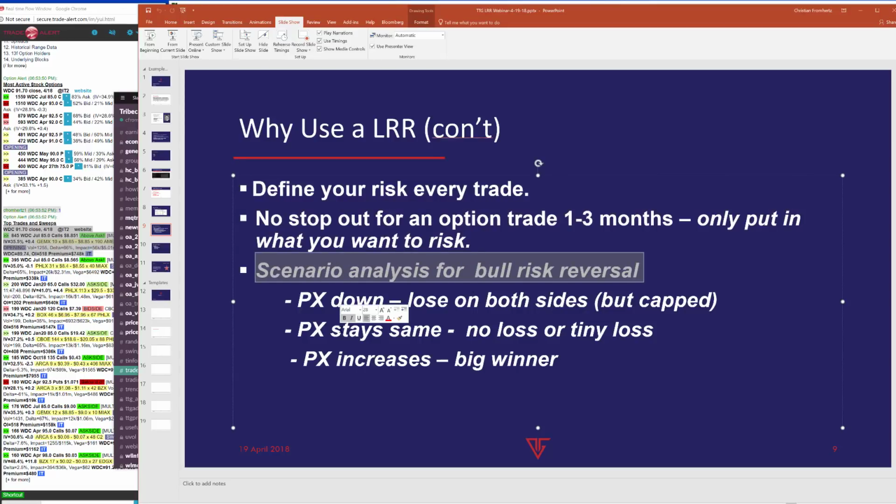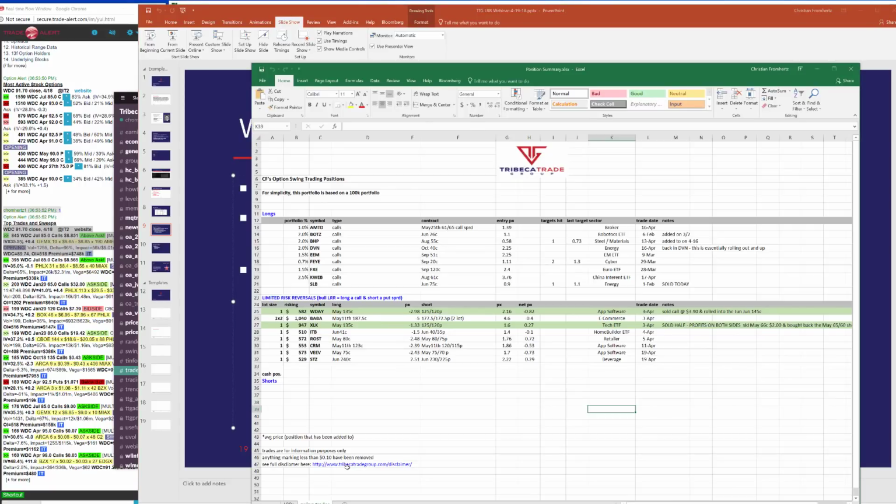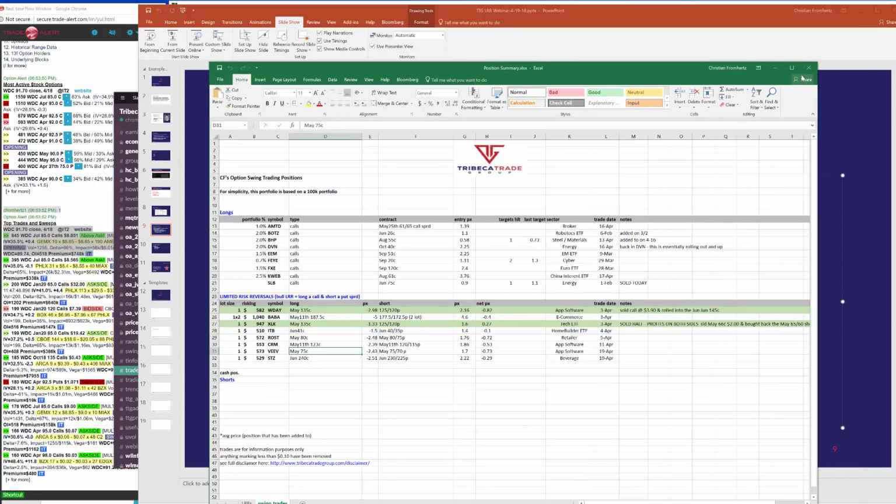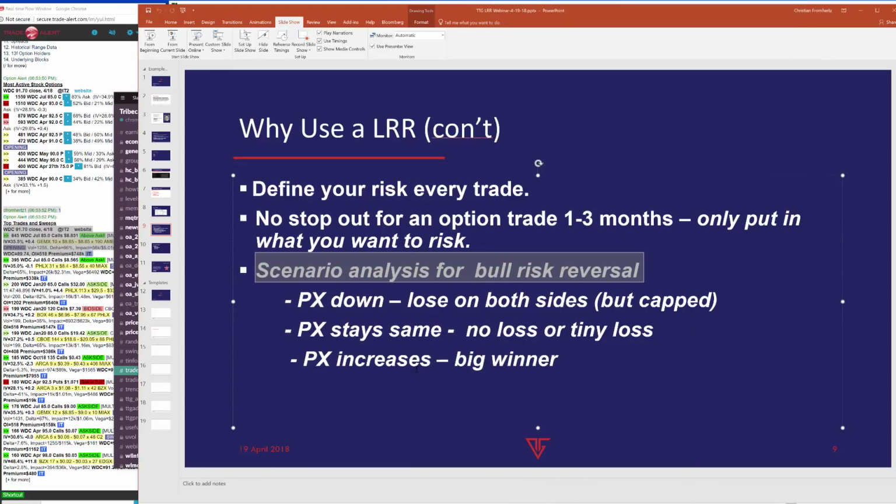And a little bit of a scenario analysis. Let's say for a bull risk reversal, because it's a little bit easier to explain. I've got a number of these on. You can look to see what I'm doing here, and I don't mind sharing some of these positions that I've gone on. A lot of them are working pretty well because I timed it pretty well.